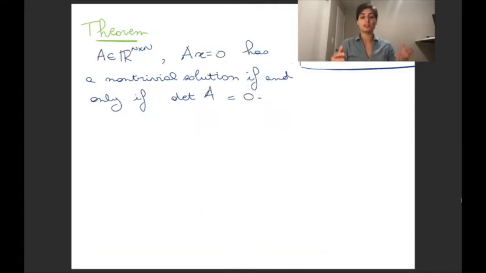In particular, they're based around this theorem. If you have a square matrix A in R, then A times x equal to 0 has a non-trivial solution if and only if the determinant of A is equal to 0. This is a key theorem that explains why determinants are so important.